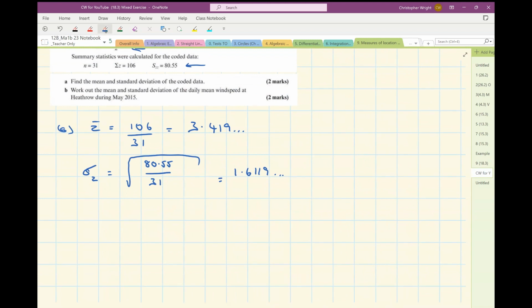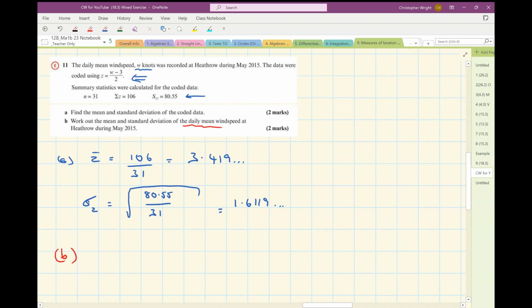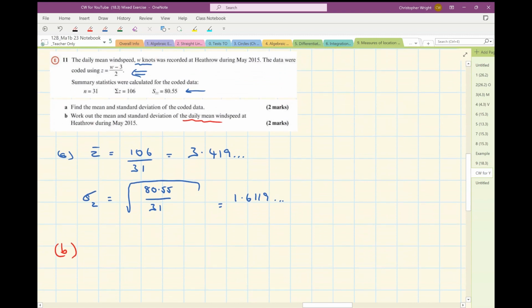And now in part B, I'm asked to use those values to work out the mean and the standard deviation of the original data of W. So W is going to equal 2Z plus 3.